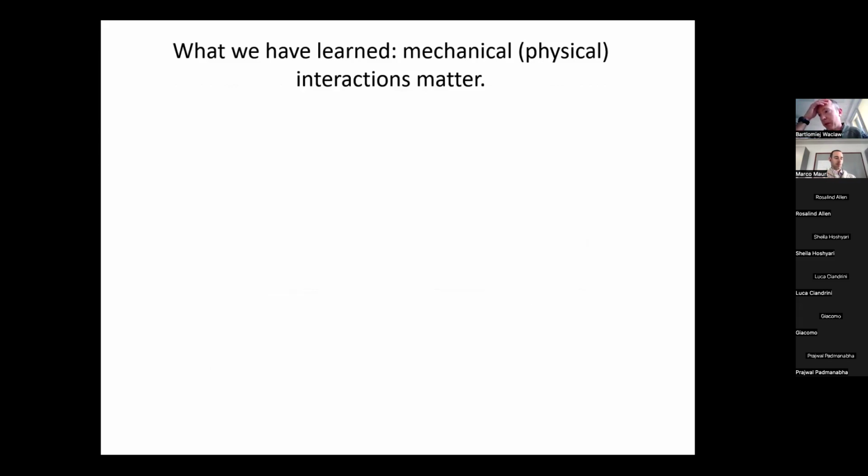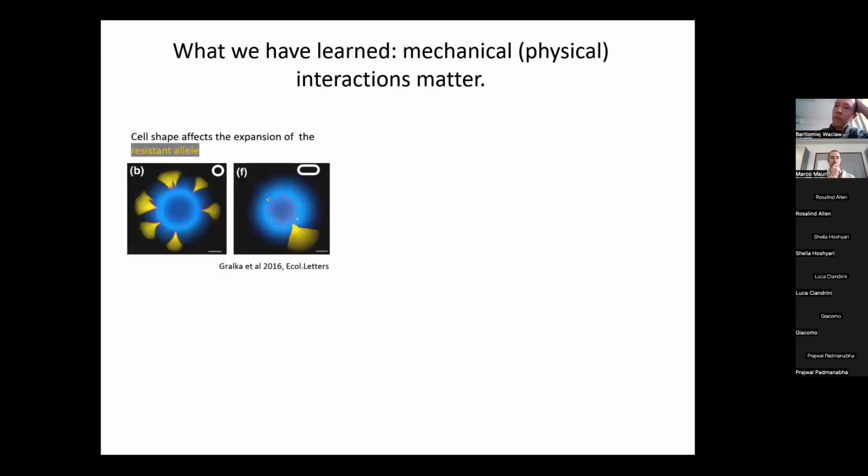So last thing before I go into the main part of this talk is what we have actually learned about what determines the strength of genetic drift and the strength of selection in biofilms from the physics or mechanics point of view. So one thing which is quite important is that even things that you would normally not consider to be important, like the cell shape, can determine the fate of a fitter mutant.